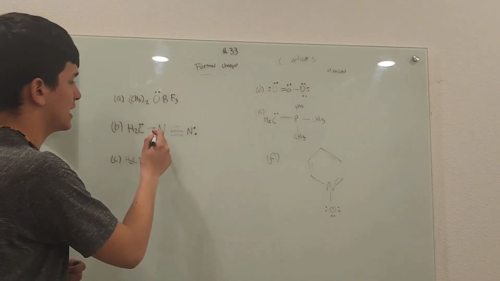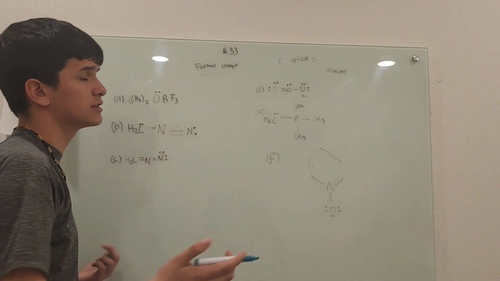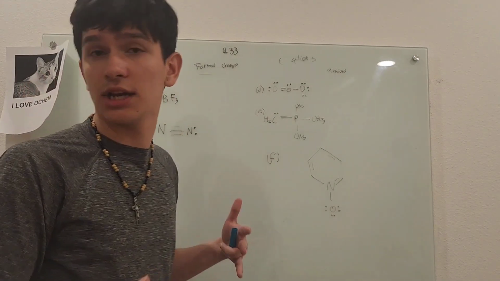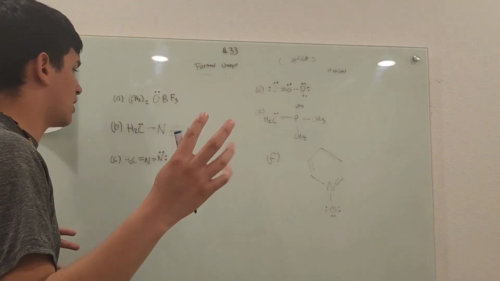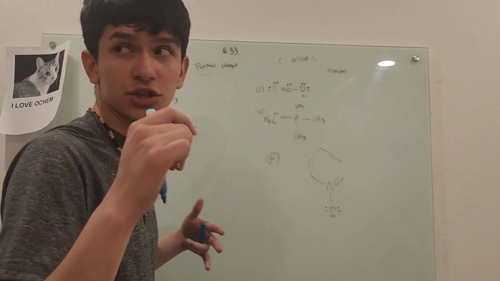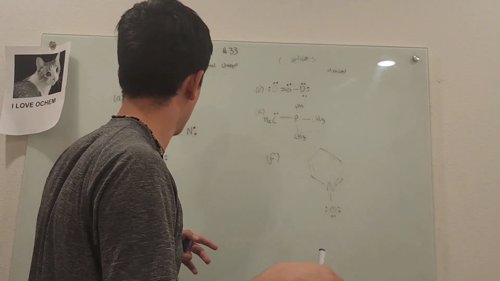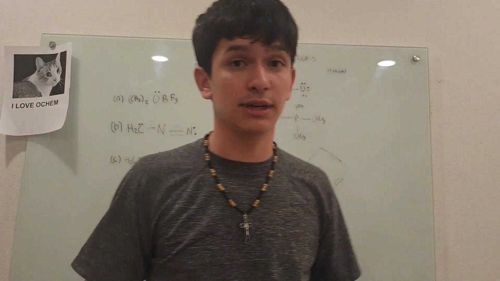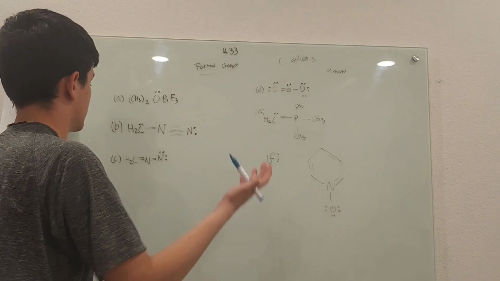How many bonds does nitrogen like to make? This is common knowledge. Nitrogen likes to make 3 bonds, so the charge should be -1. And the nitrogen here has 3 bonds, and it likes to make 3 bonds, so it's 0.